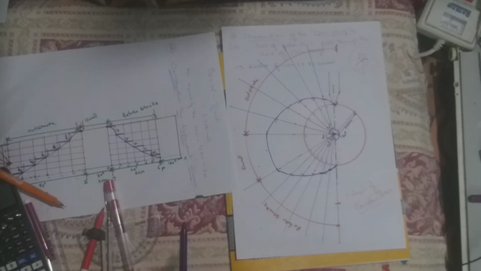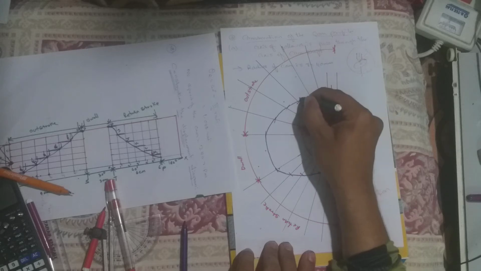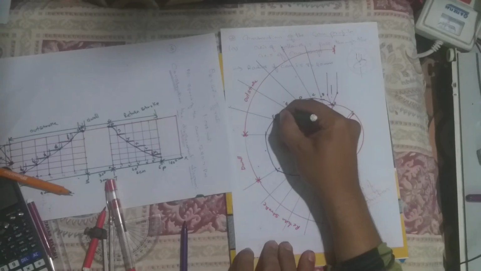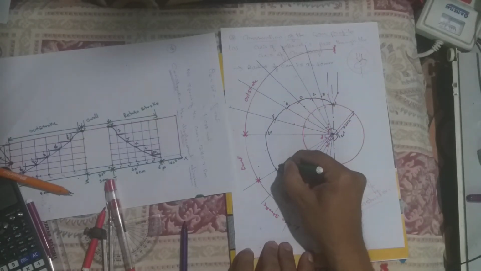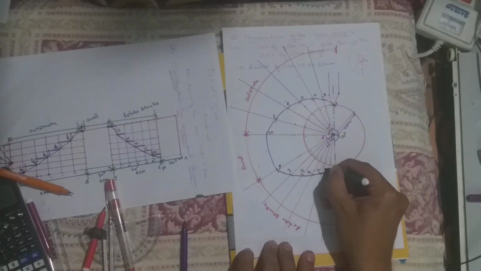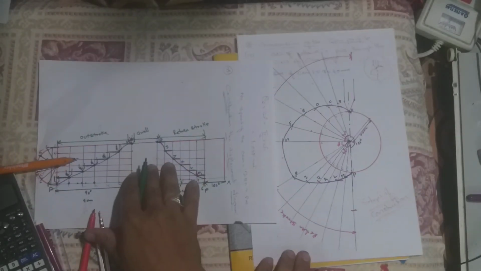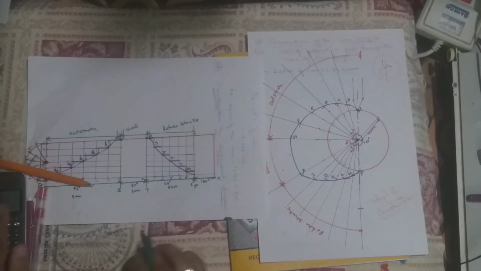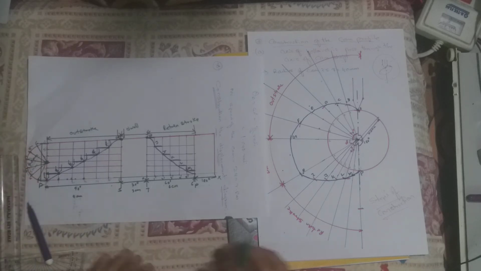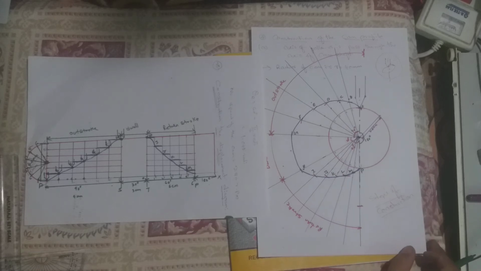So here we will denote the points A, B, C, D, E, F, G, H, I, J, K, L, M, and the last is P, like this only. So this is your axis of cam and follower.